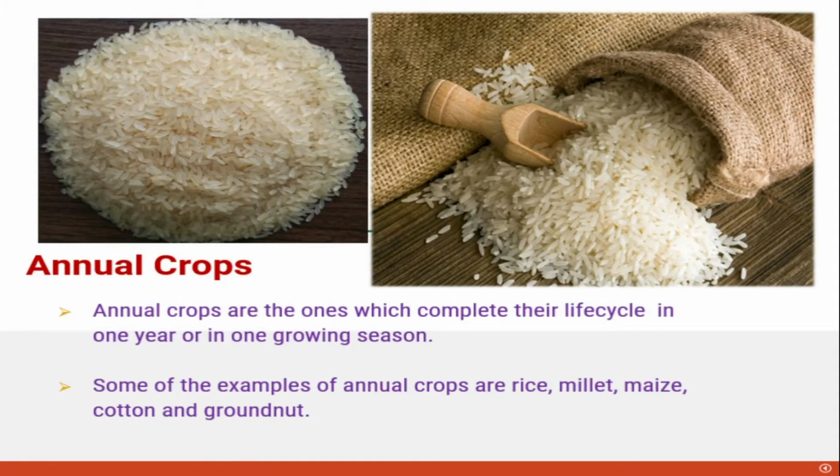So within the year, plants grow well and mature. They produce roots, stems, leaves, everything, and also flowers, fruit, seeds. Within 1 year we can get yield from the crops. Examples: rice, millet, maize, cotton, and groundnut. This is what is called annual crops.